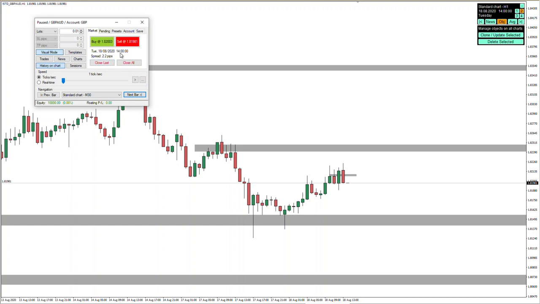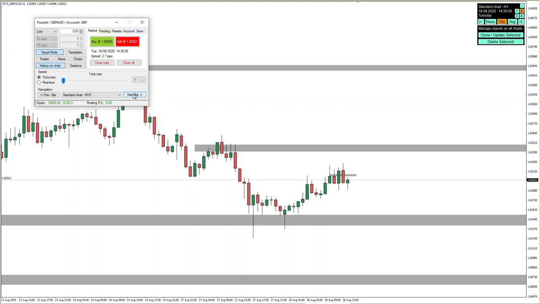1 hour before New York Open. I will move now to M15. That's a doji too. And this is the end of the 30-minute candle. Nothing really happens. The market is really waiting.